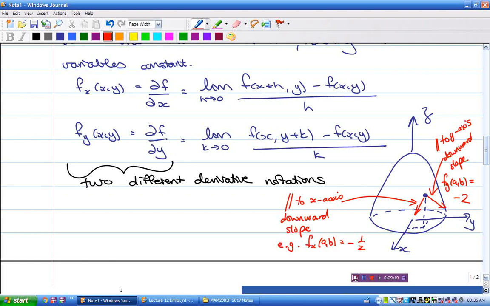Yes. So this is basically your change. The derivative is kind of saying, here is how z changes if you change x, or here is how z changes if you change y. And whether you're changing x or changing y can leave you with quite different answers to the calculation of slope.